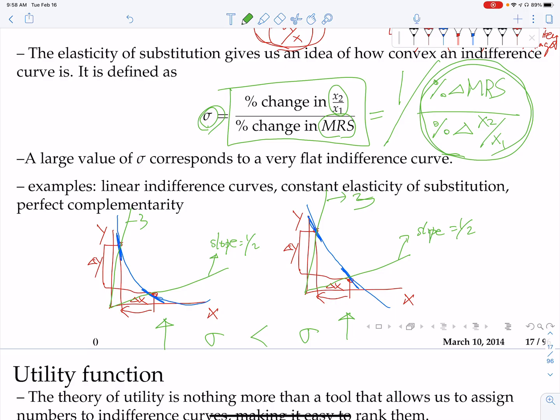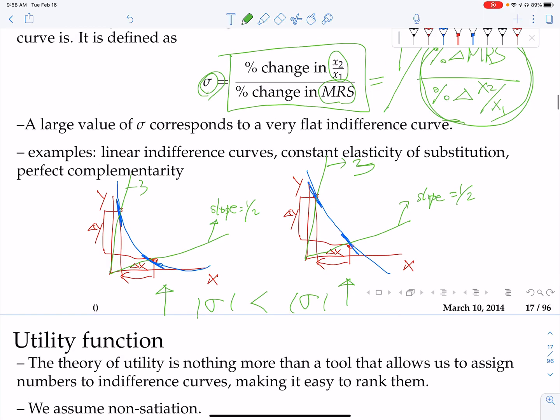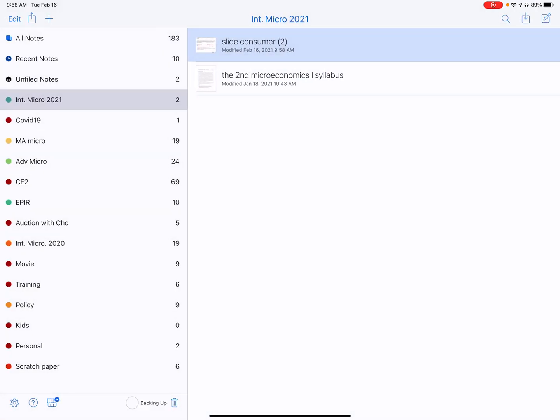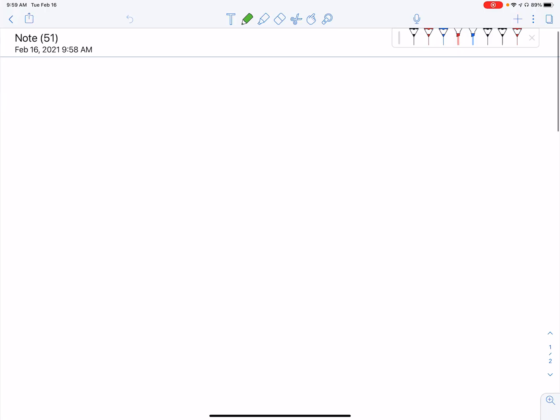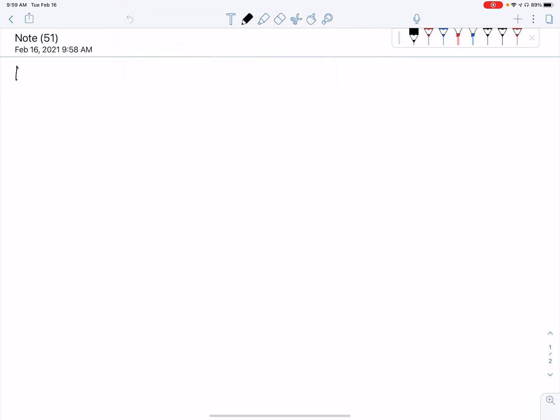I should think of the absolute value, so as not to be confused about negative and positive. All right, so I'll give you an example. We can think of some example like linear indifference curves.